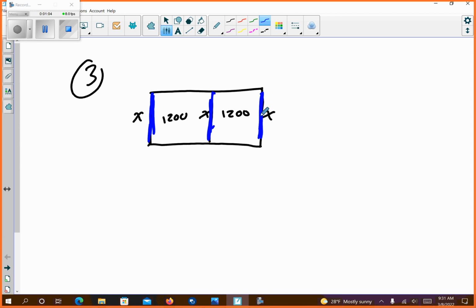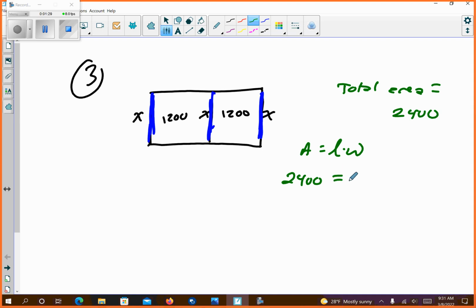All right, so let's think about this. I have a total area of 2,400 square feet. Agree? So if we just take the area of a rectangle from elementary school and do this, I know that I have a length that I don't know, but I have a width that we're going to call x.